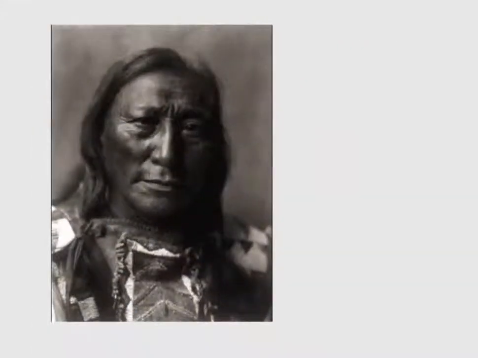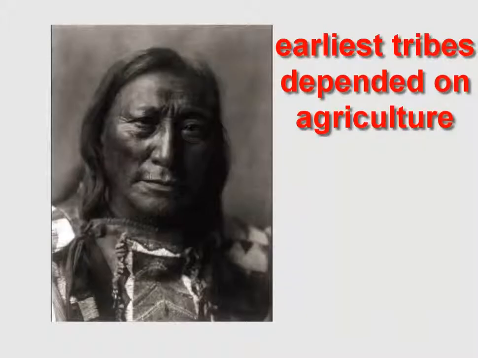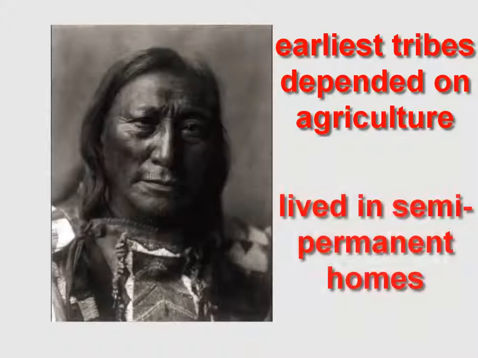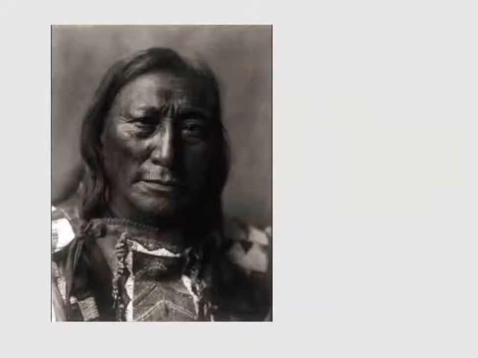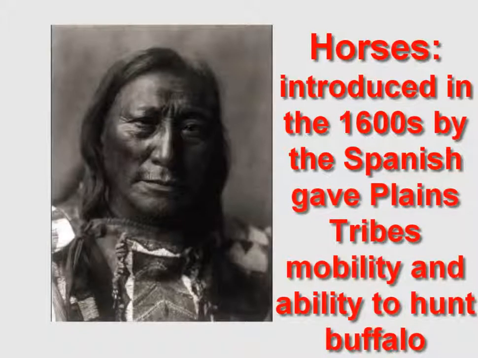Now, the tribes and nations that settled in the Great Plains had very rich and varied cultures with different artwork, religions, and languages. The earliest depended mainly on agriculture for food and lived in semi-permanent homes. But with the introduction of horses by the Spanish in the 1600s, tribes no longer had to rely on agriculture for food.